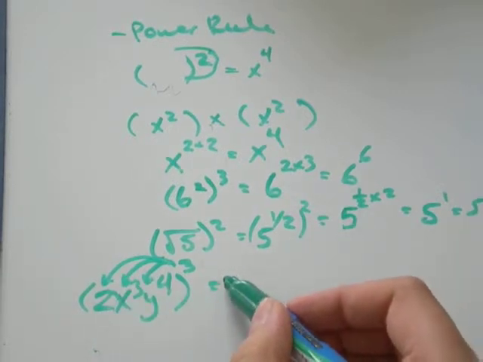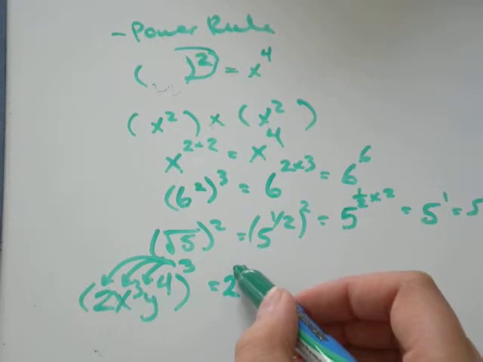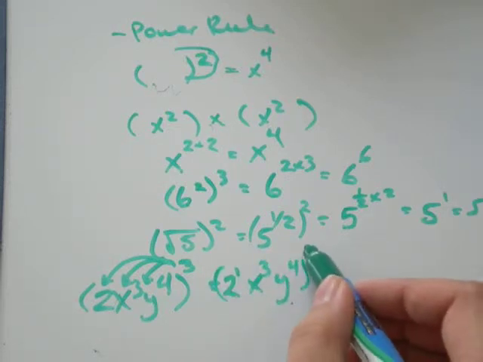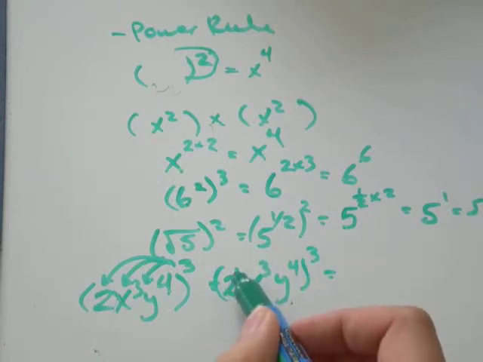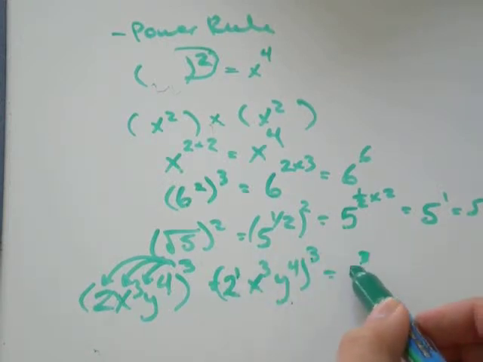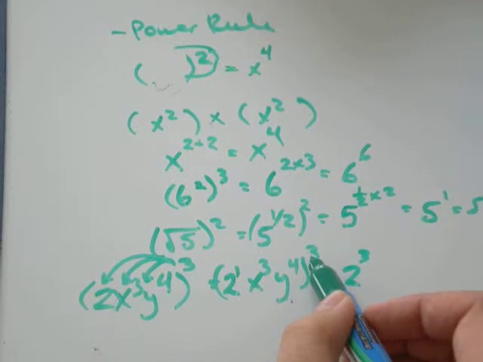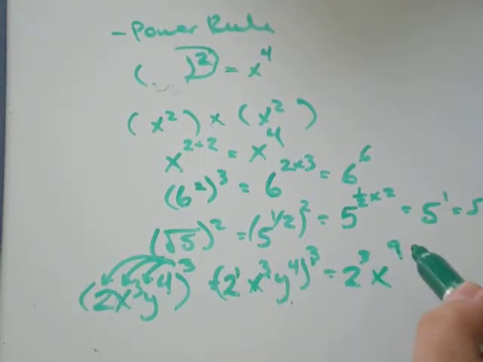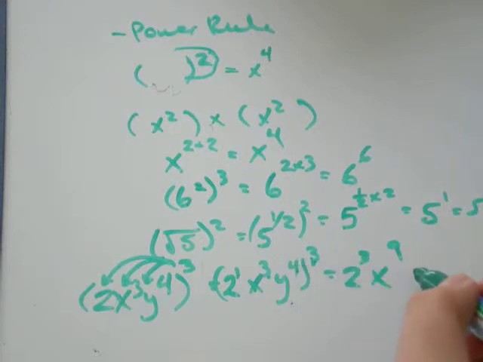So this is really 2 to the power of 1, x to the power of 3, y to the power of 4, cubed. 1 times 3 will be 3, so this will be 2 cubed. 3 times 3 will be 9, so it'll be x to the power of 9, and 3 times 4 will be 12. So we would have y to the power of 12.